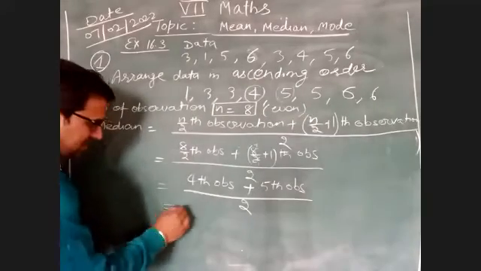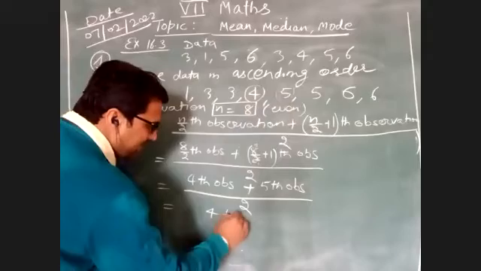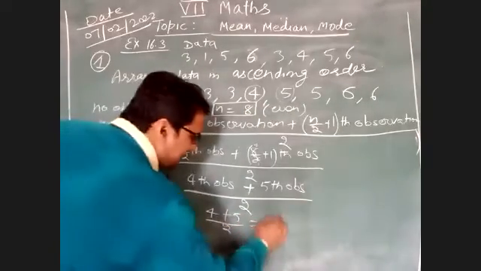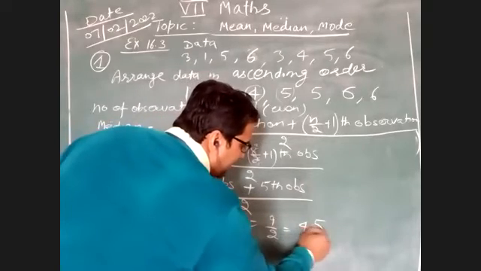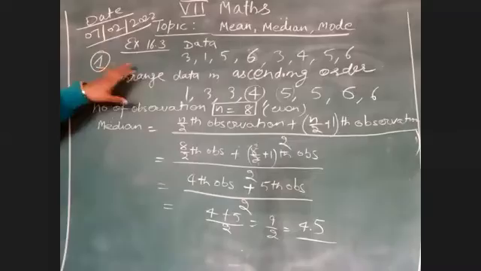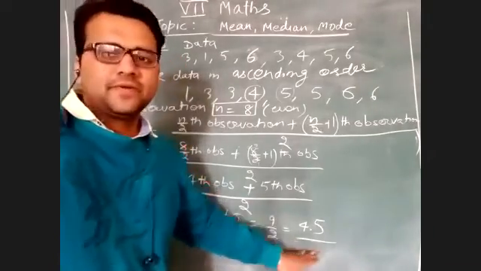So the 4th observation is 4 and the 5th observation is 5, divided by 2. From here you will get 9 by 2, and this will become 4.5 in decimal form. So the median of this question will become 4.5.